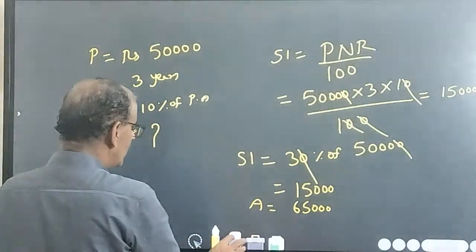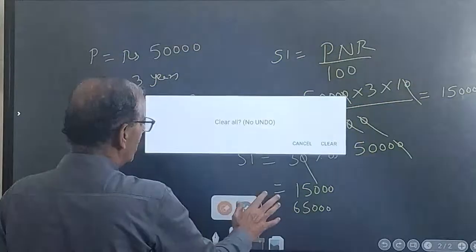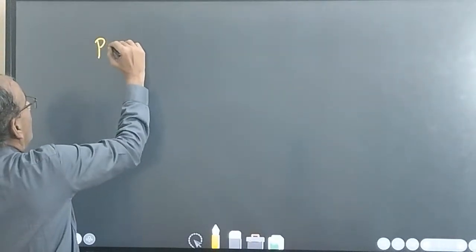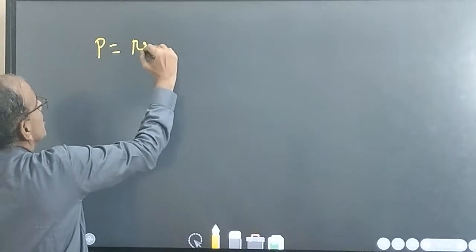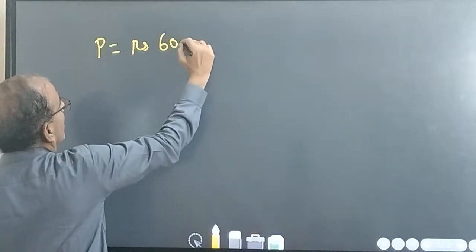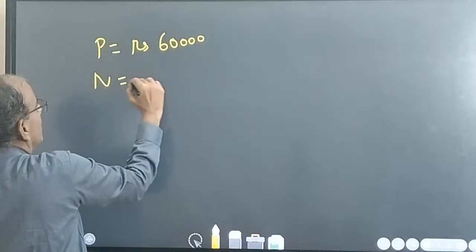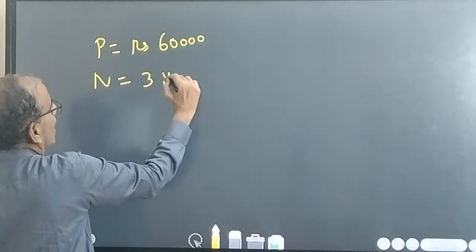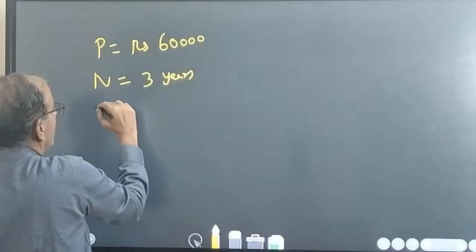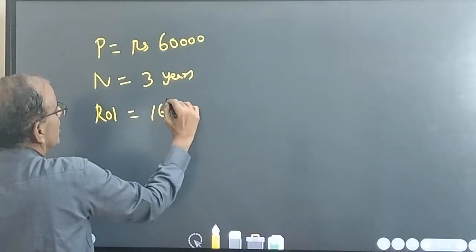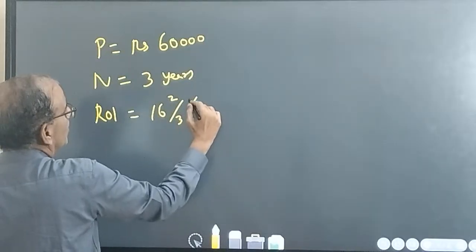Suppose the question is like this. Principal is rupees 60,000, N 3 years, rate of interest is 16 2/3% per annum.